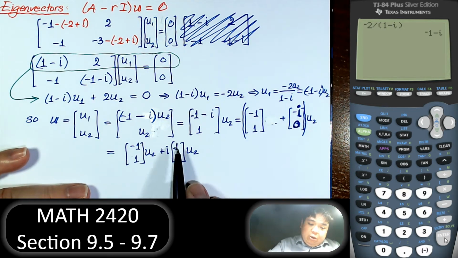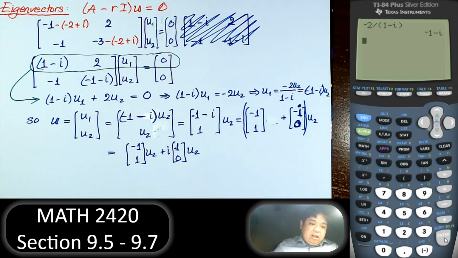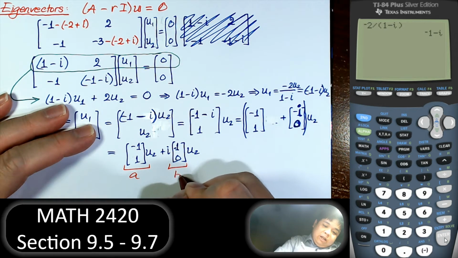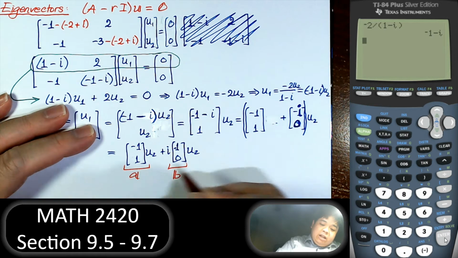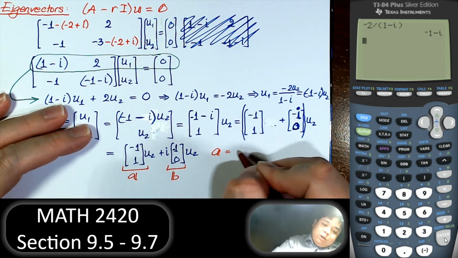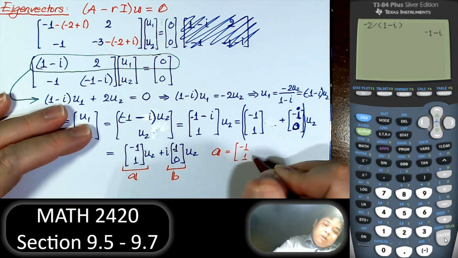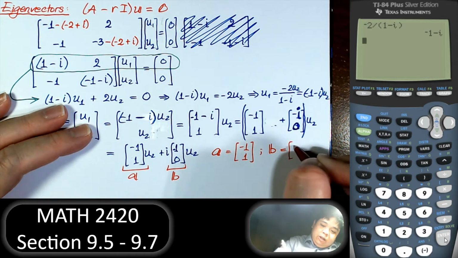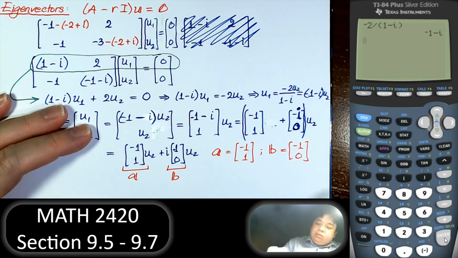Factor out the i and we have [-1, 0]. So bottom line is we're going to have an A and a B, the vector A and the vector B. Vector A is equal to [-1, 1], and vector B is equal to [-1, 0].